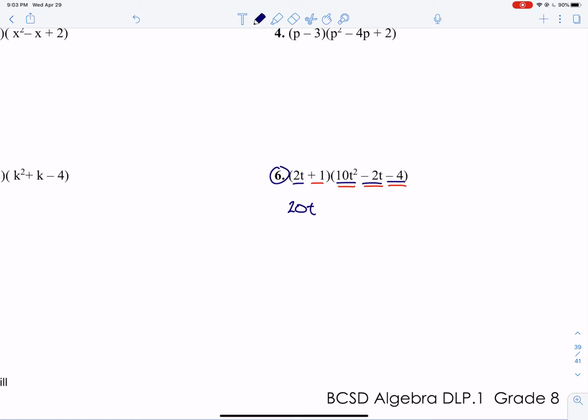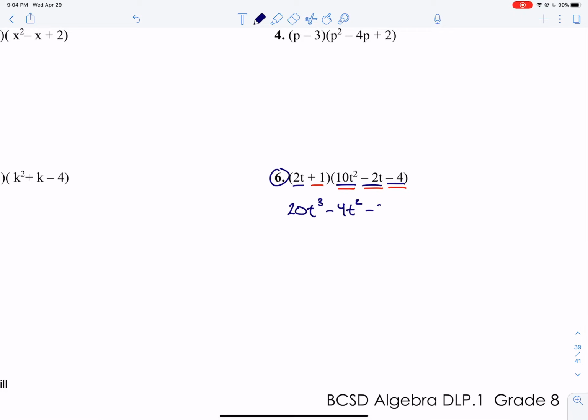T times t squared is t cubed. 2t times negative 2t is negative 4t squared. And then 2t times negative 4 is negative 8t. Okay, we keep going. So then this is kind of nice though. 1 times each of these is just those things. So we just write them again. Make sure we have our signs correct.